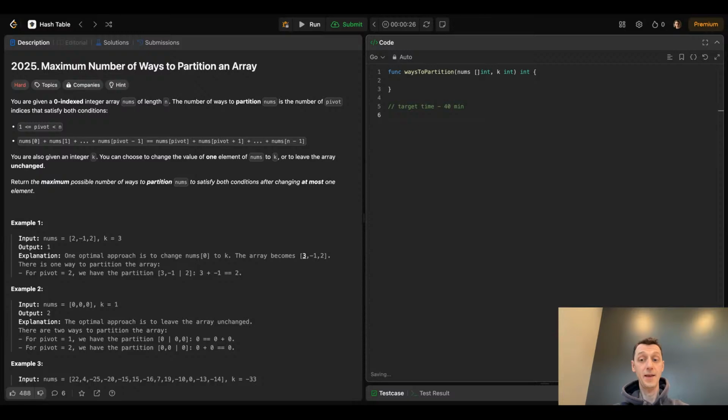We'll see. If we could solve the logic within 15 minutes, that would be good. But let's start small here. Let's try to understand this problem first.